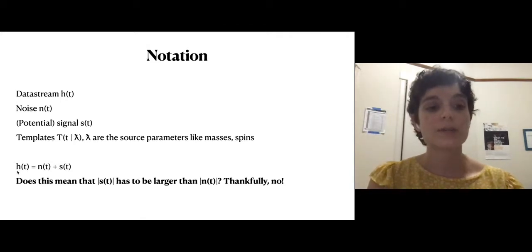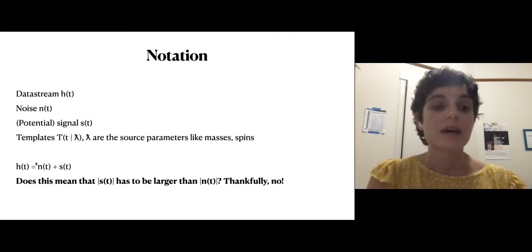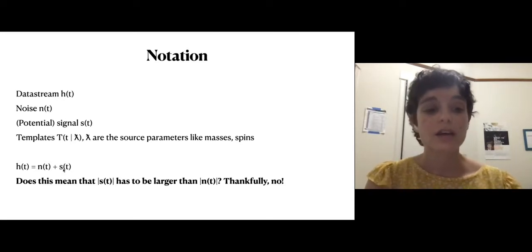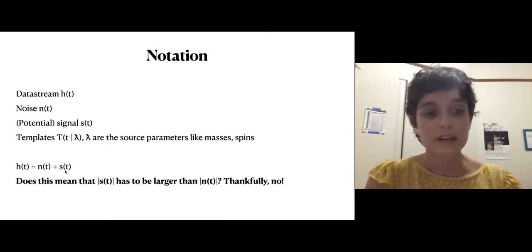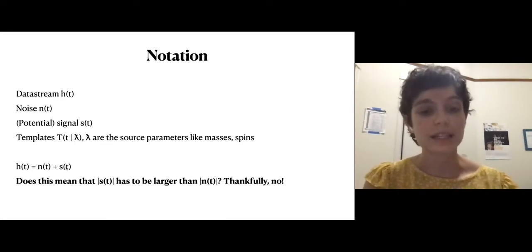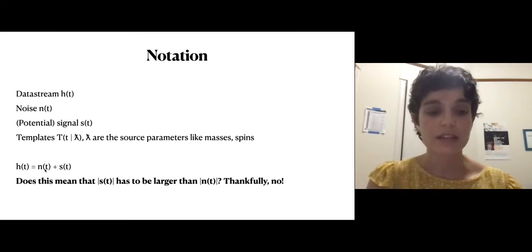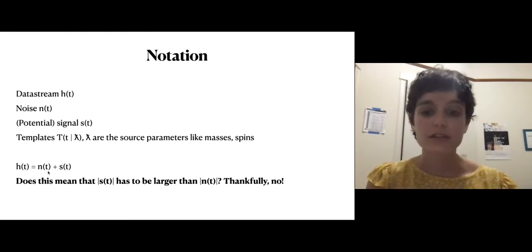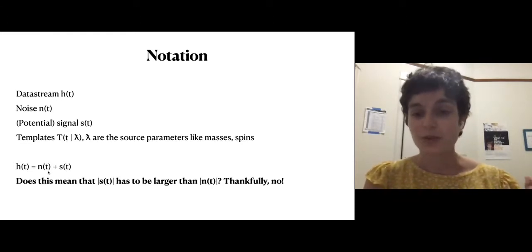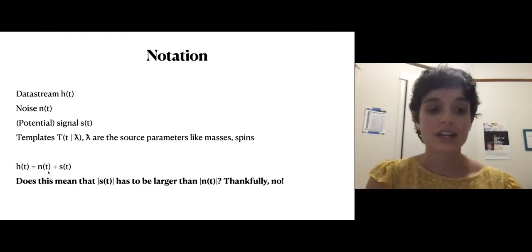So the data stream H of t is N of t, the noise, plus S of t, the signal, if there's a signal there. So for detecting gravitational waves, does this mean that S of t has to be larger than N of t, the noise, so you can tell that there's a signal over the noise? And thankfully, we do not need this criteria.